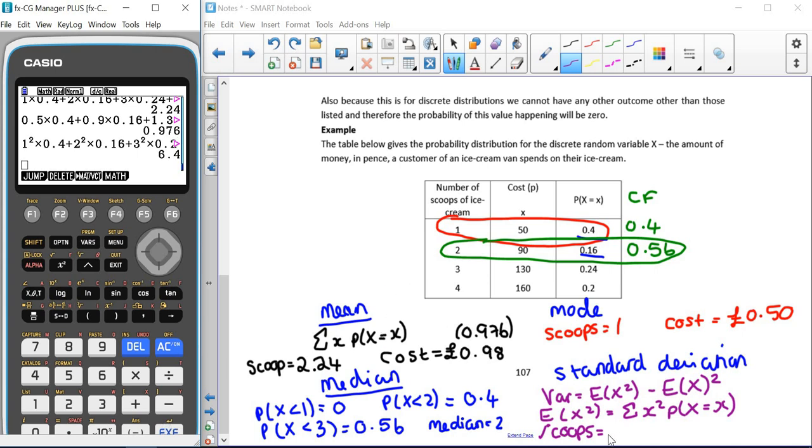So the E of x squared for our scoops is 6.4.